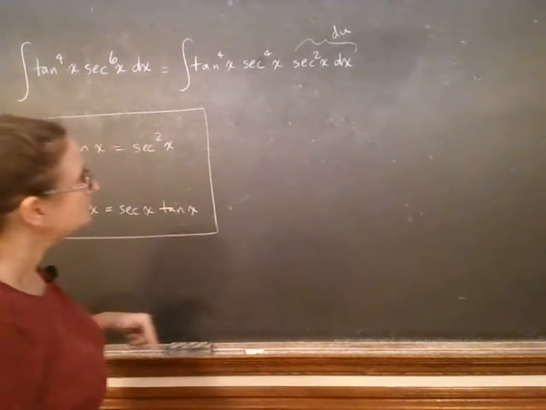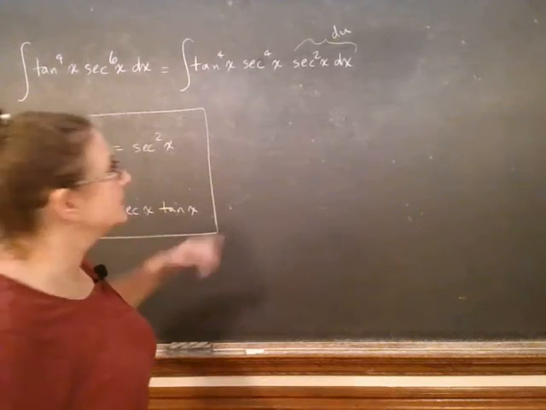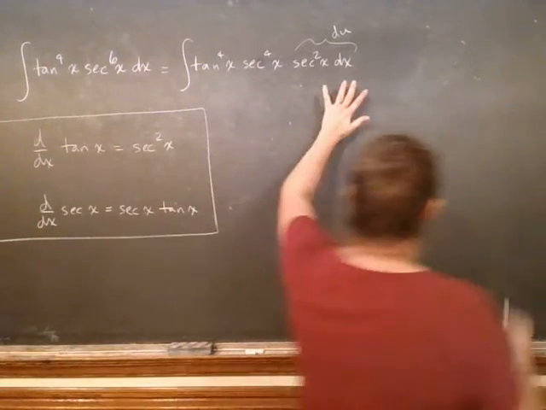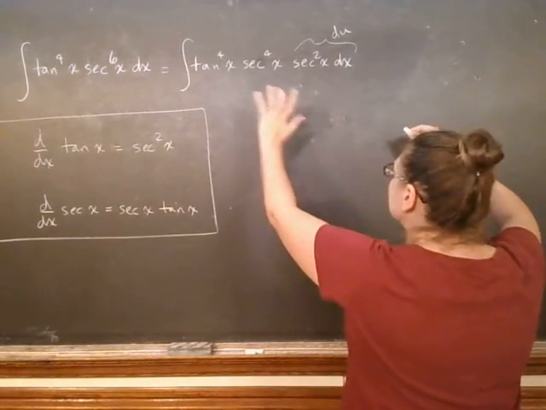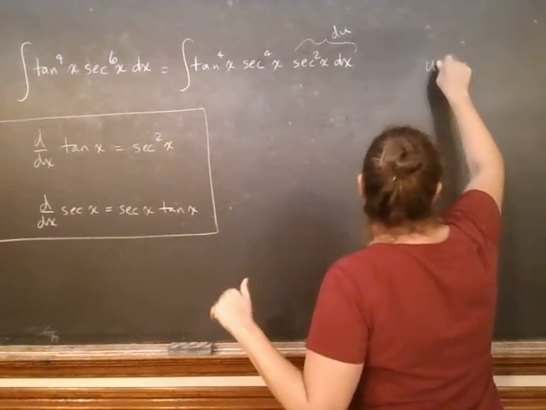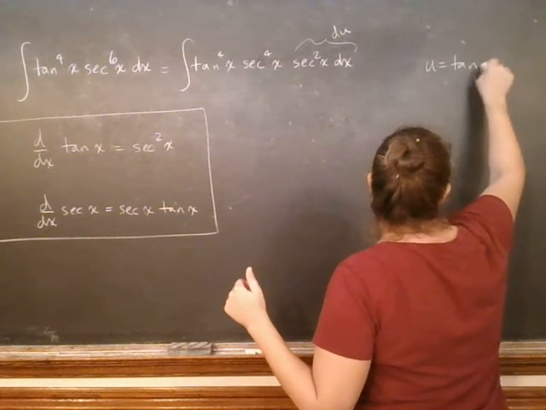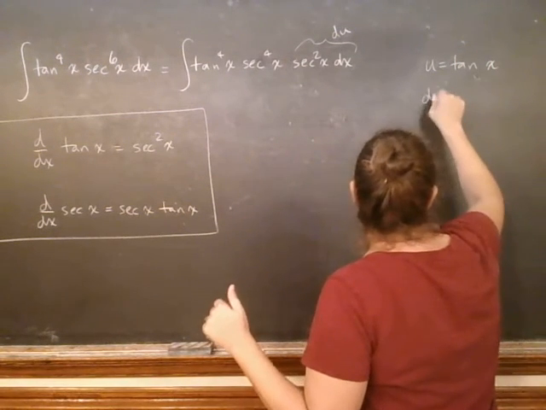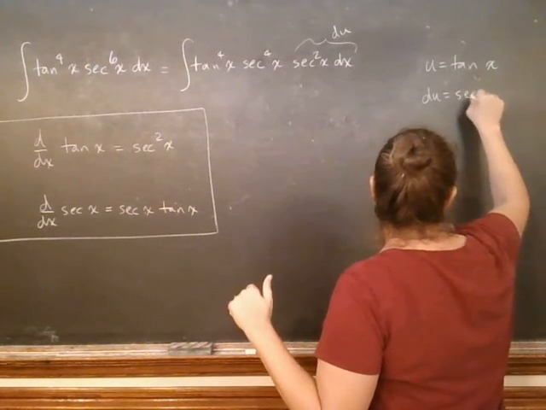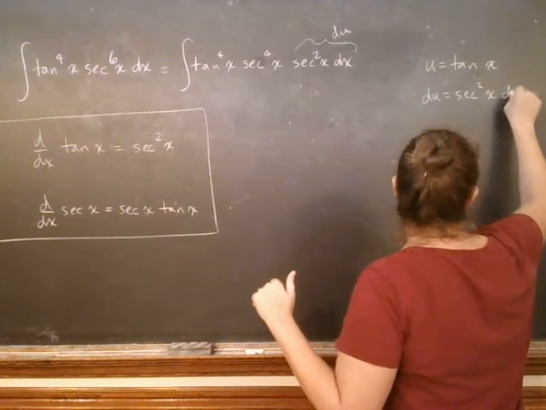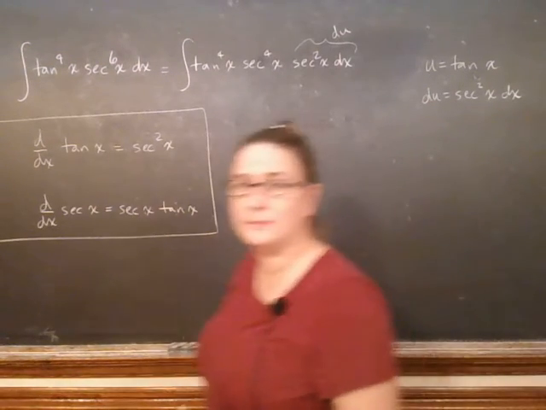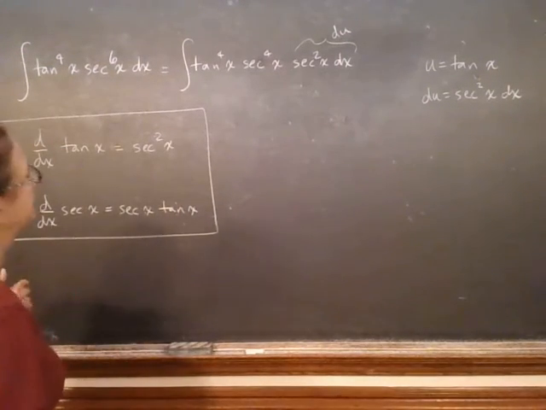That's going to tell me that for my u substitution, I want u to be tangent, and then du is going to be secant squared. Okay? Now, what after that?